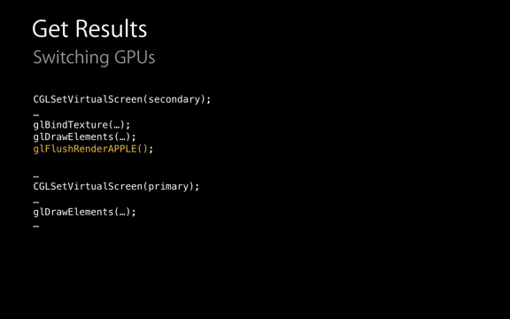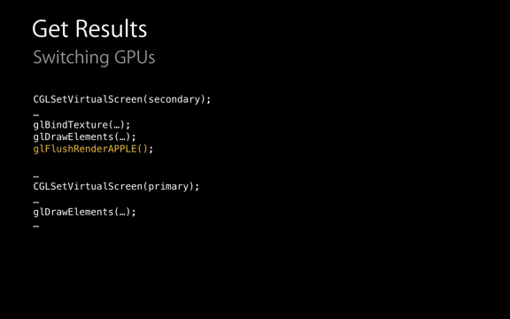Now, in this case, there was a single OpenGL context. And because there was a single OpenGL context, it wasn't necessary for me to change the state or to rebind the objects that we were working with. That state was already set. I simply changed the virtual screen and continued using the GL objects that I was working with previously.